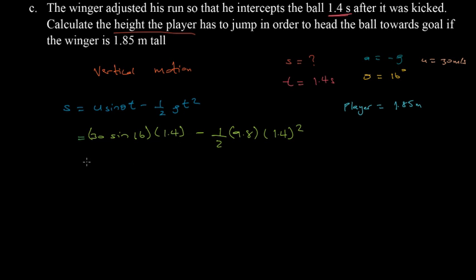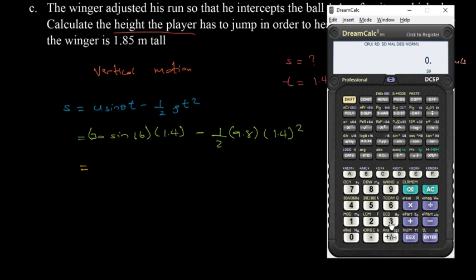So let's evaluate this now. Taking the calculator, 30 sine 16 multiplied by 1.4 becomes 11.6, minus 9.8 times 1.4 squared divided by 2, and we get 9.6 in this case.